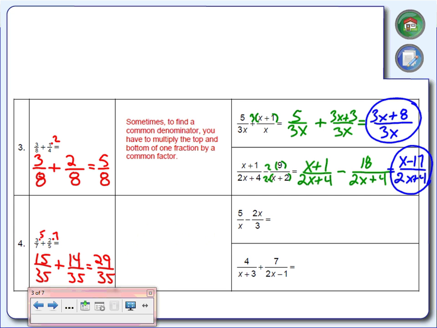So a little more work involved on that one because we did have to change both of our fractions. So again, find that common denominator. Multiply both the top and the bottom by the same thing. So in our case, we multiply the first fraction by 5 and the second fraction by a 7. This is how we came up with that 35 as our denominator.